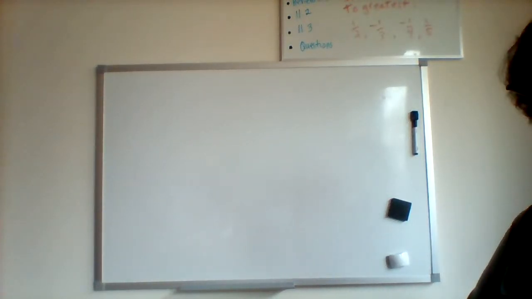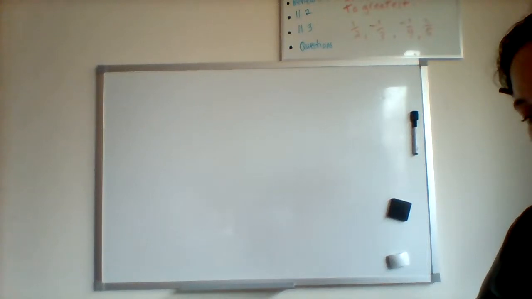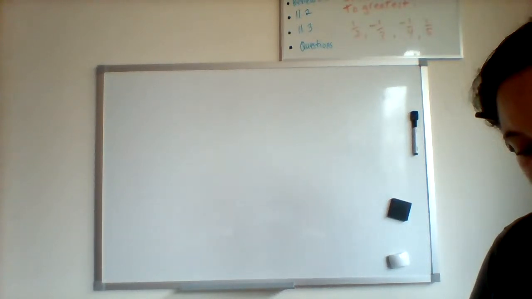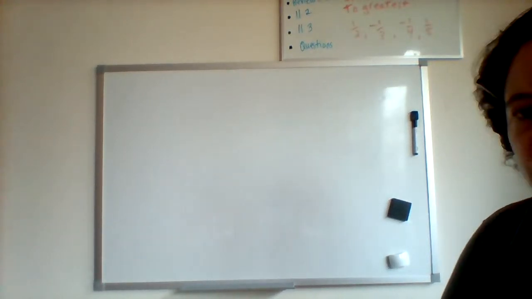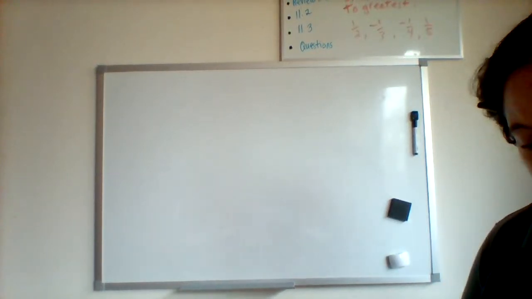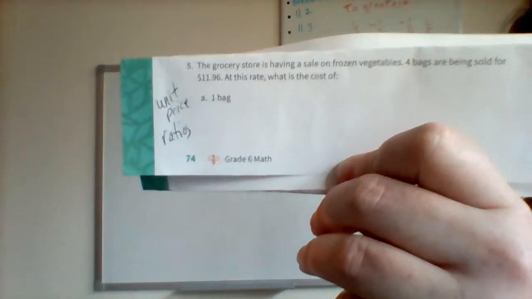All right, guys, number 5. Number 5, what would you label it? What kind of math? Hopefully you're going to tell me that we're looking at a unit price and ratios.